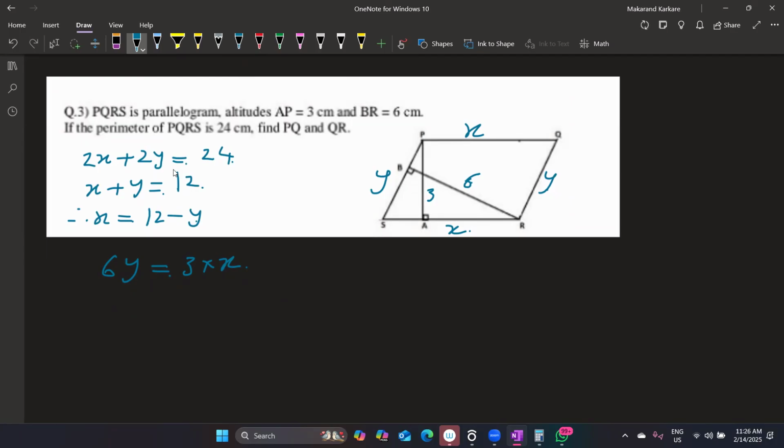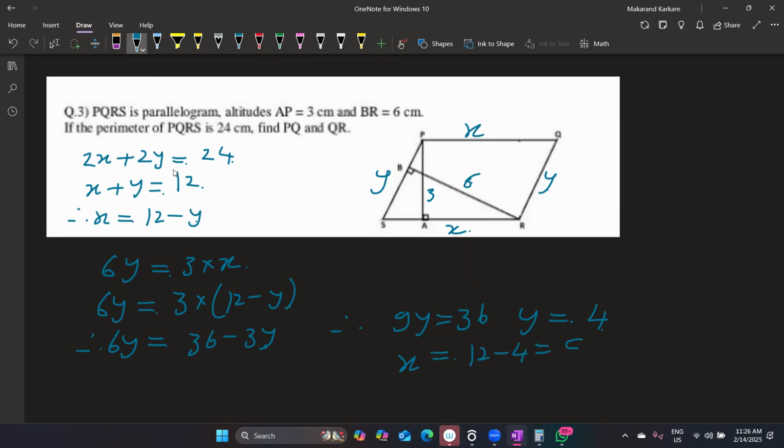We know X is 12 minus Y. So 6Y is equal to 3 into 12 minus Y. Therefore, 6Y is equal to 36 minus 3Y. Therefore, 9Y is equal to 36. And so Y must be equal to 4. And X must be equal to 12 minus 4, which is 8.